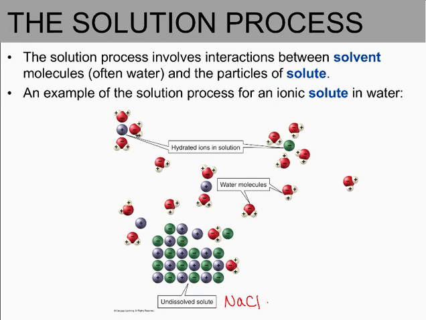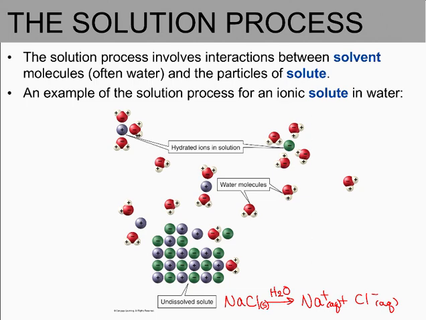We know that in water, sodium chloride breaks apart into sodium ions and chloride ions. And remember, if we write the states, sodium chloride is a solid, sodium ions will be aqueous, and chloride ions are aqueous.